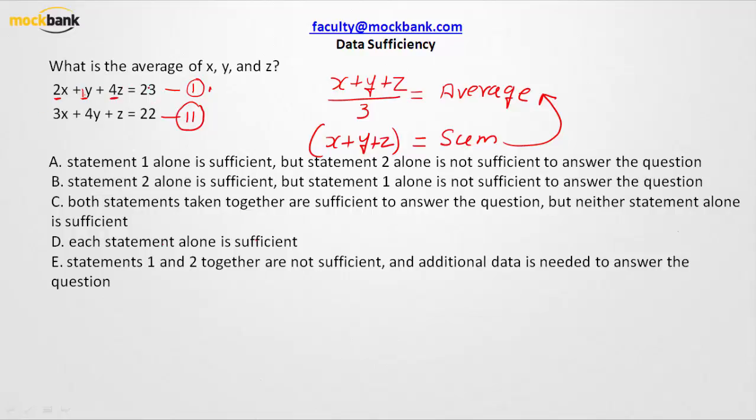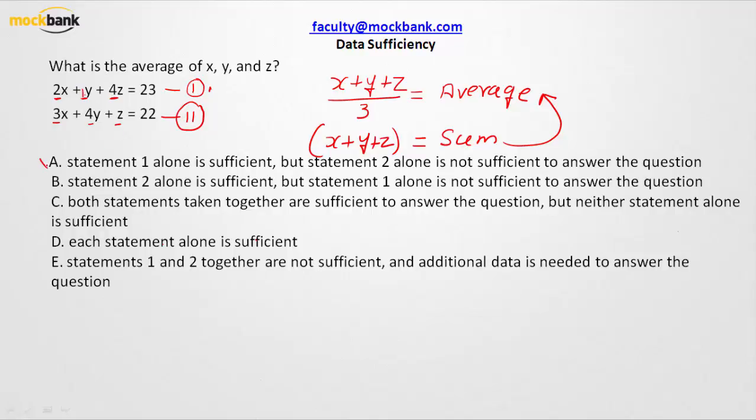If they are not the same, we cannot find out what the sum is. And that is applicable to statement number 2 as well, because the coefficients of x, y and z are not the same. Had they been the same, yes, we would have gotten our answer.